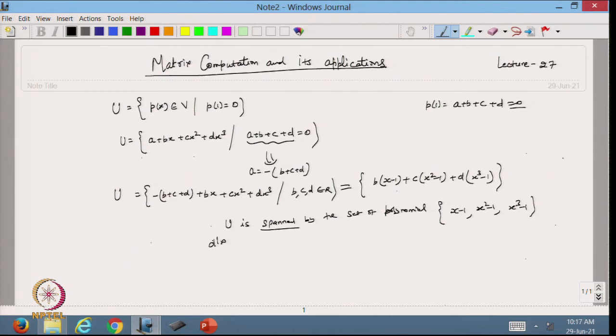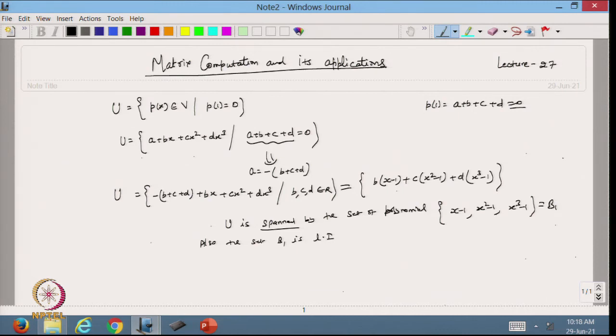Suppose I call this set B1. Also, the set B1 is linearly independent.